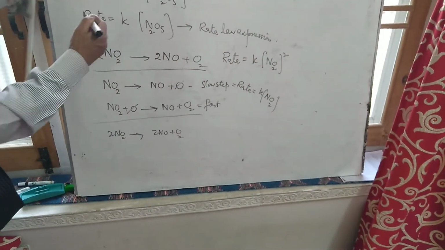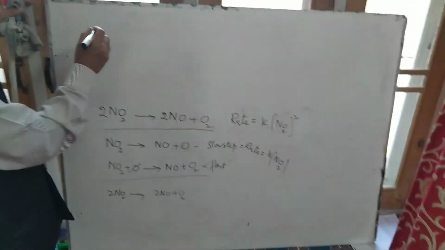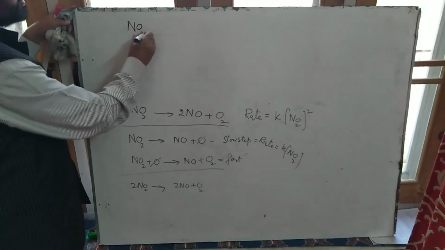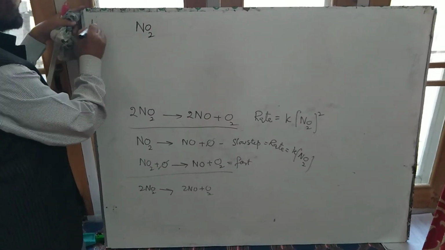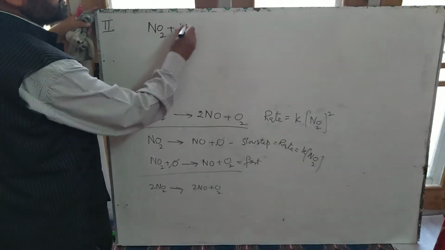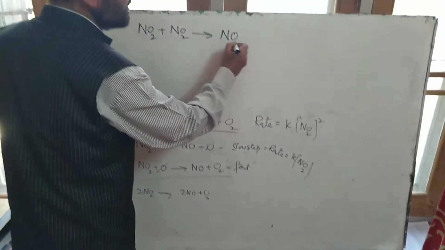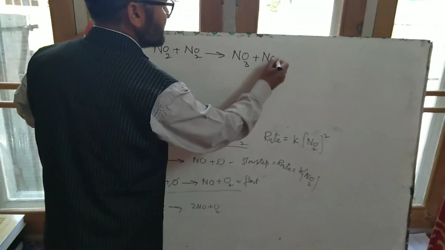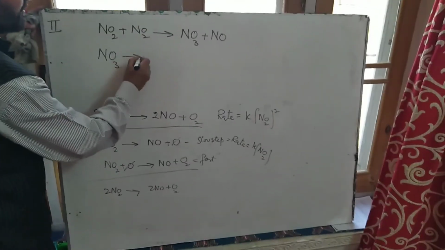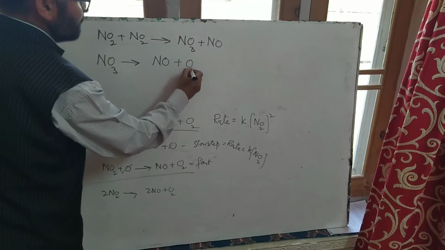Now I will write the second mechanism for this reaction. NO2 plus NO2 gives NO3 plus NO. This is the slow step, the rate determining step. Now NO3 gives NO plus O2.